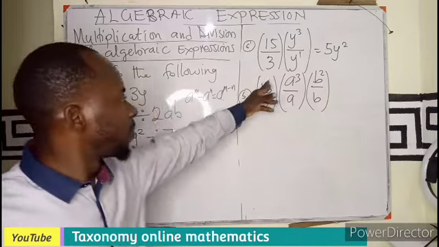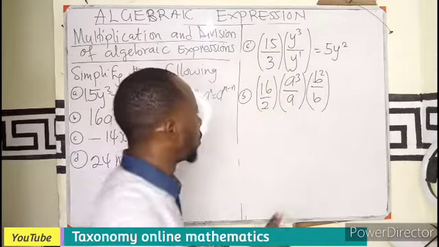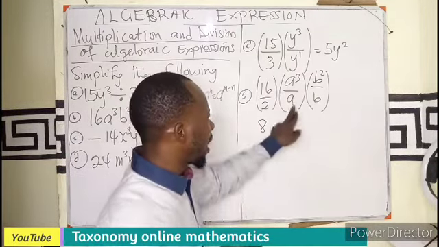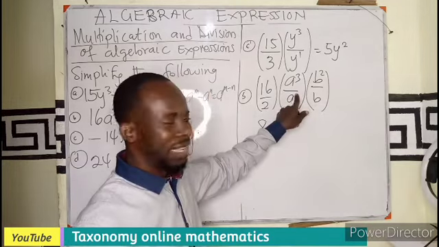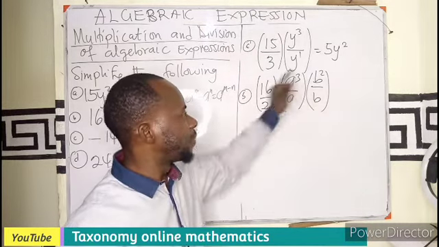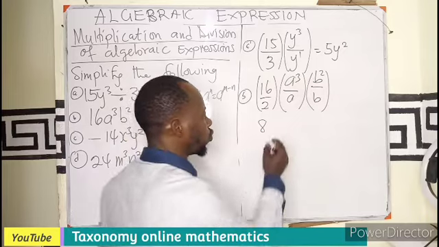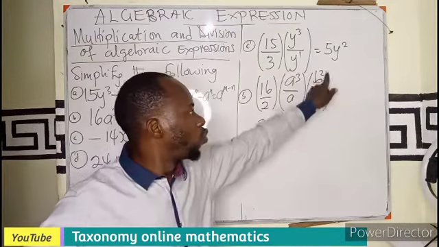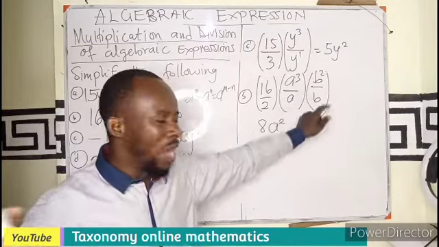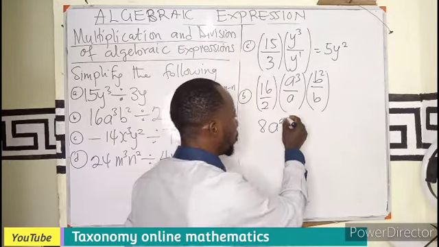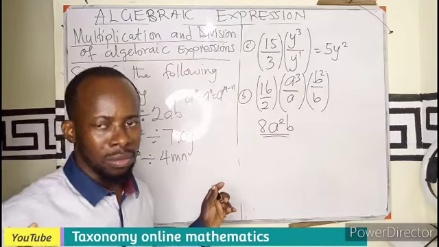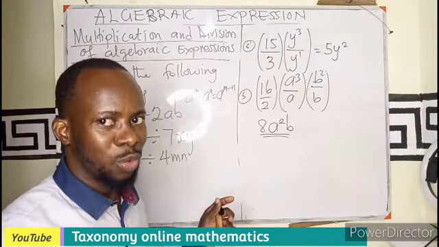So in this case, if I divide 16 by 2, I will end up getting what? 8. Then in case of A, this is power of 3, power of 1, so I subtract it from there to give me 2. So A exponent 2. For B, this is power of 2, power of 1. 2 minus 1, 1. So B exponent what? 1.